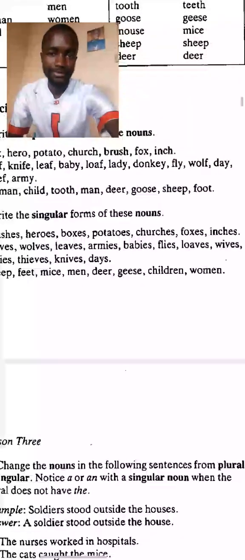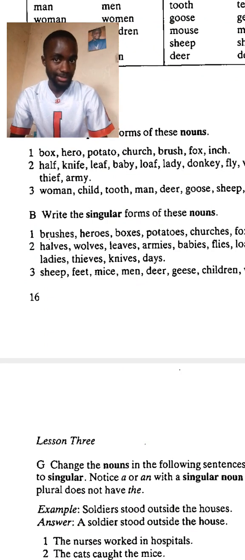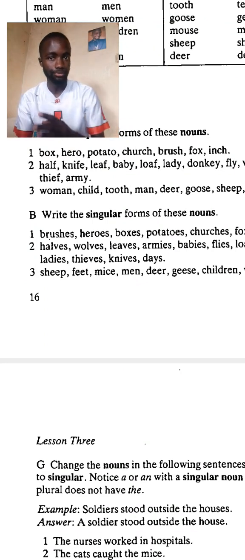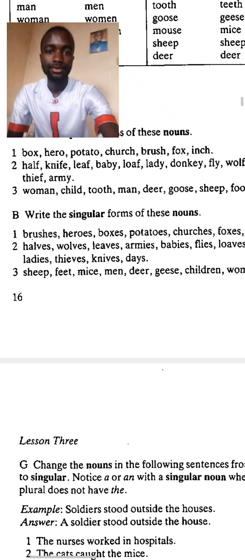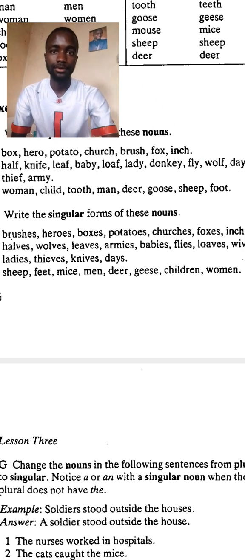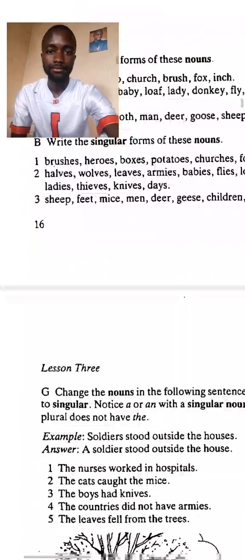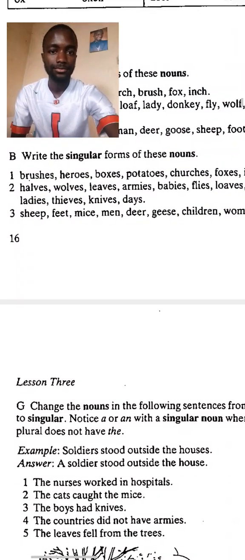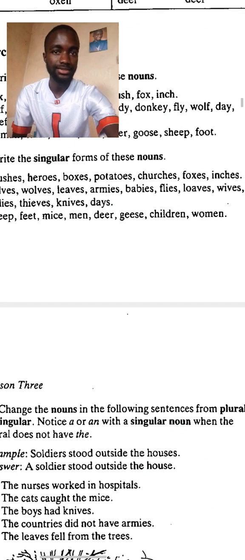What are these nouns? These nouns are in the plural form, so you are going to change them to the singular form. It's like doing the reverse of exercise A. You can see all of them, okay? You just change them back to the singular.